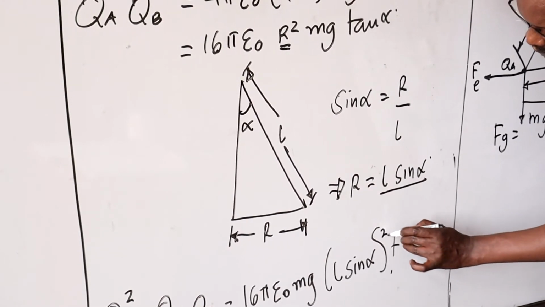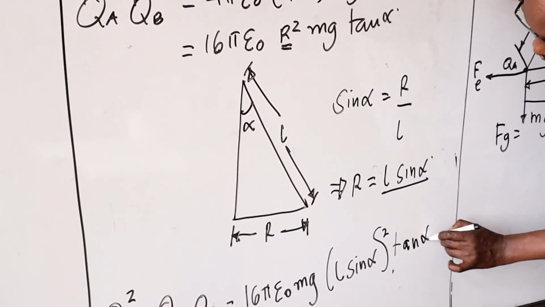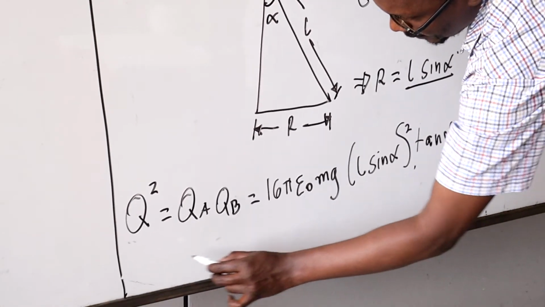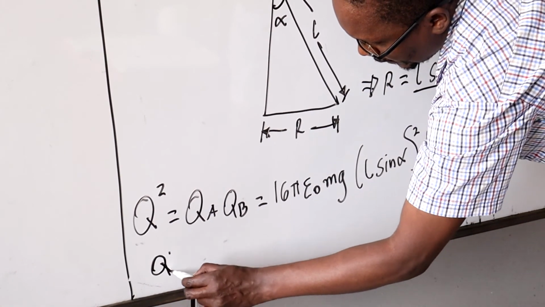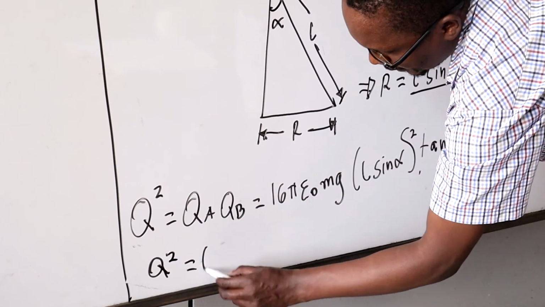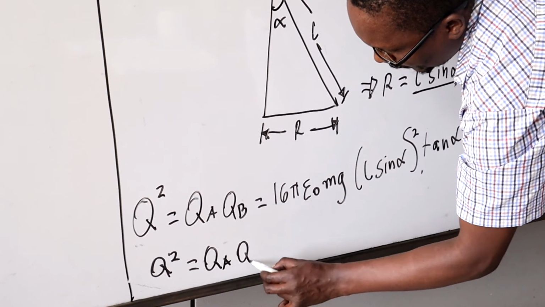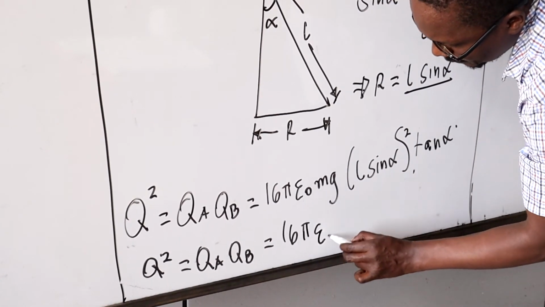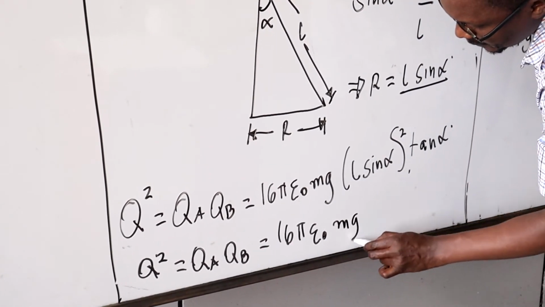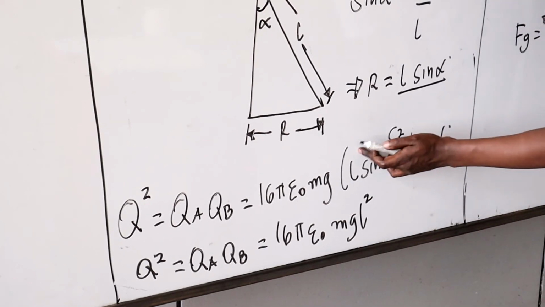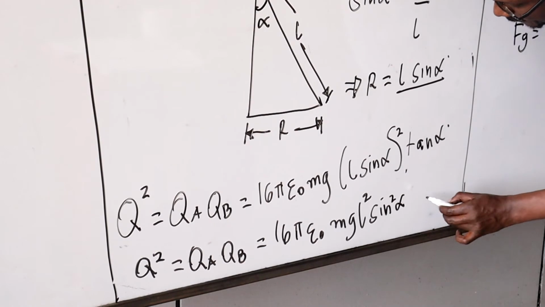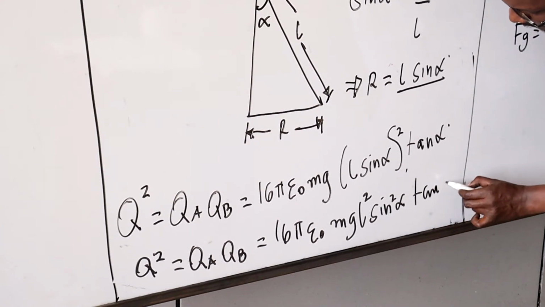Times tan, the tan of what? Alpha, which finally translates into our answer as being Q squared, which is QA QB, and that is 16 pi epsilon naught mg L squared there. Then we have sine squared alpha tan alpha.